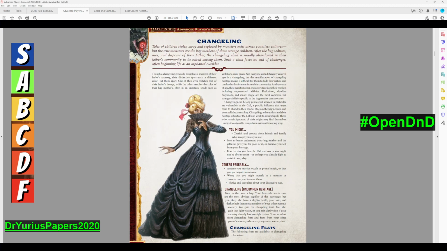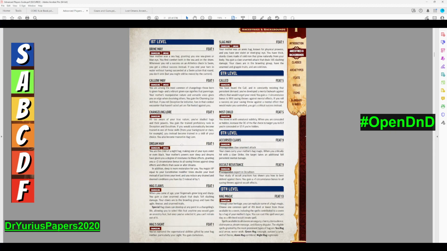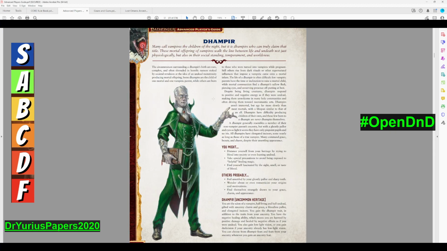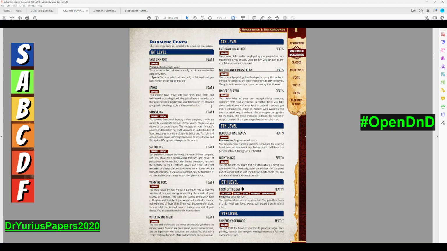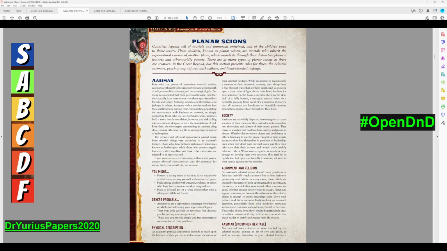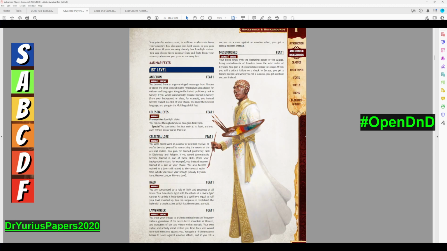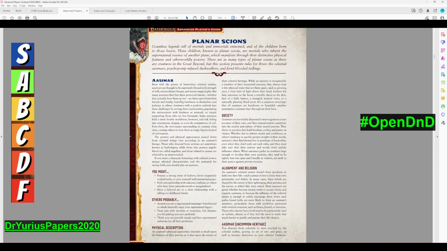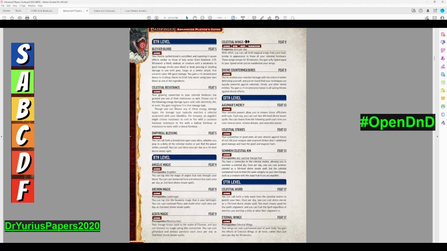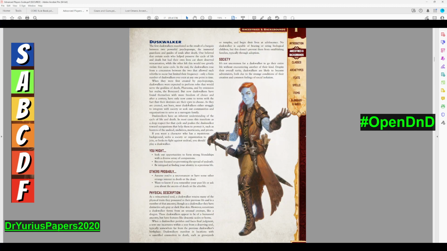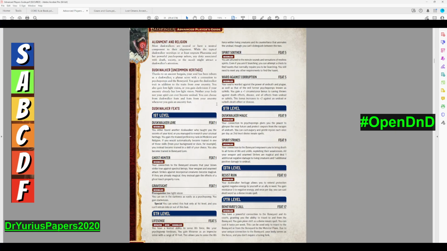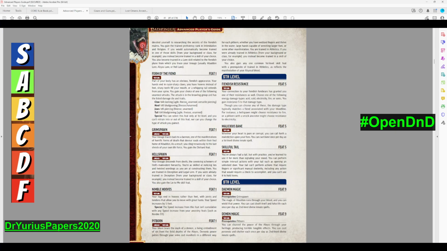So you get your base ancestry stuff, but it allows you to take from these feats that are here. So Dhampir is like a vampire. We've got the planar scions, which are Aasimar. So you could be a human Aasimar, descendant from angels, a Duskwalker, or a Tiefling.